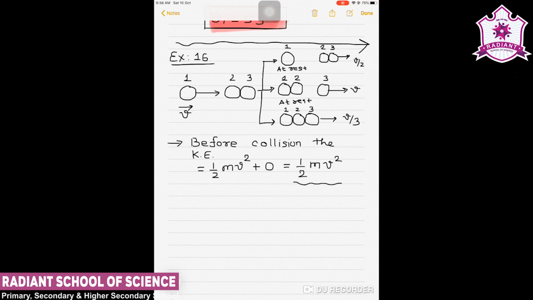So this is before collision. Now after collision, the kinetic energy of the system remains the same. We check in which condition it is the same.